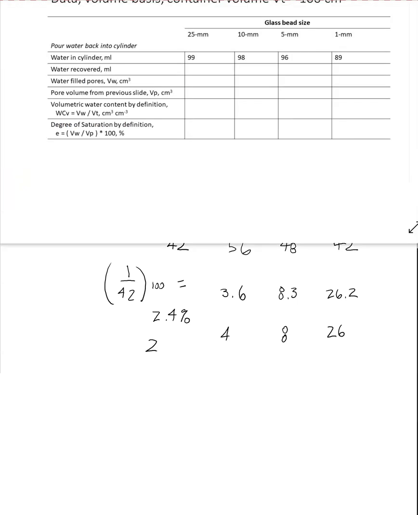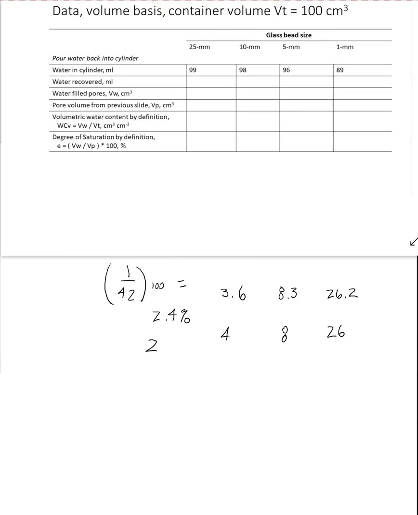And when we've done that, now we've finished our data set on a volume basis for pouring the water into the beads and seeing how much water moves into it, so the volume of the pores, and then pouring the water back out of the beads into the graduated cylinder to see how much water stayed in the beads, and calculated the saturation percentage in both cases.